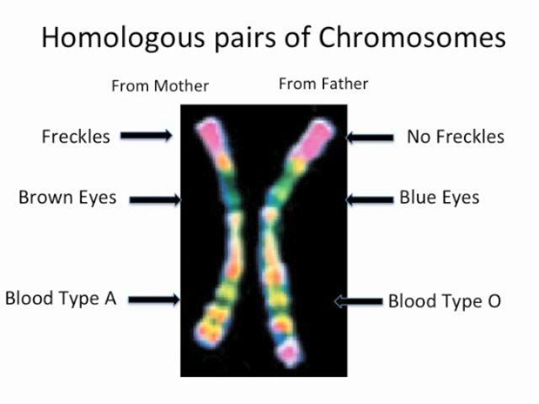You might have gotten a brown eye version from your mother and a blue eye gene from your father, and we'll talk about why this would mean you have brown eyes in the next chapter. You might have gotten blood type A from your mother and blood type O from your father, and we'll talk about why you'd be blood type A. So you have the ability to pass on freckles or no freckles, brown eyes or blue eyes, blood type A or blood type O to your offspring.